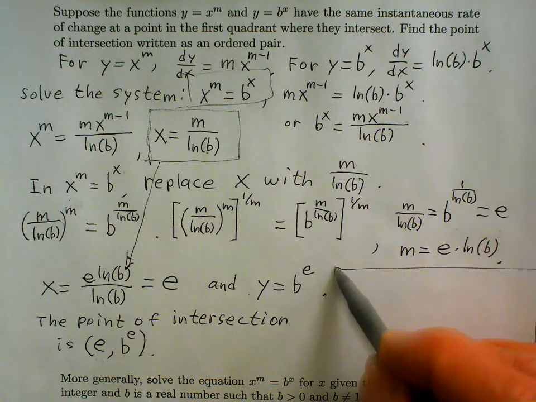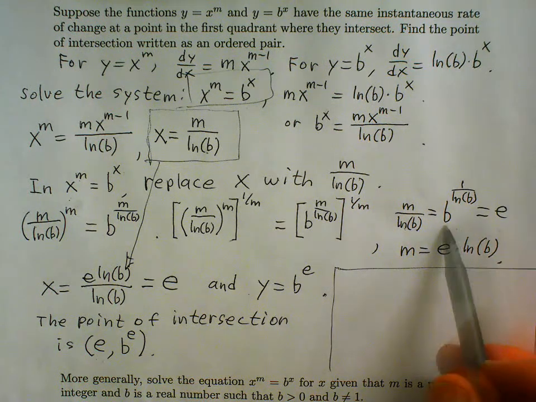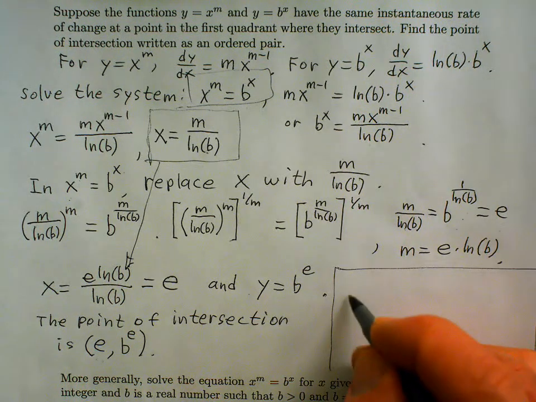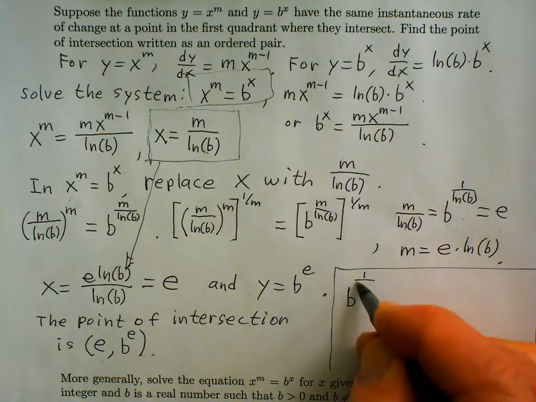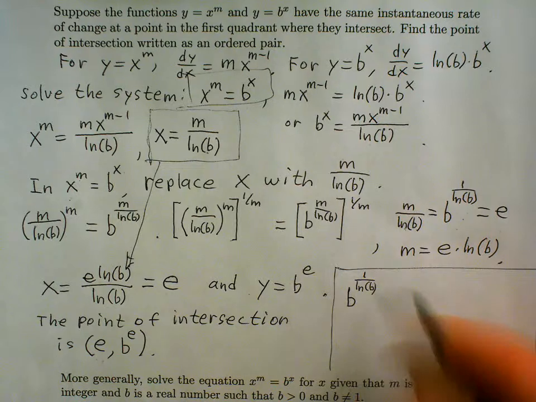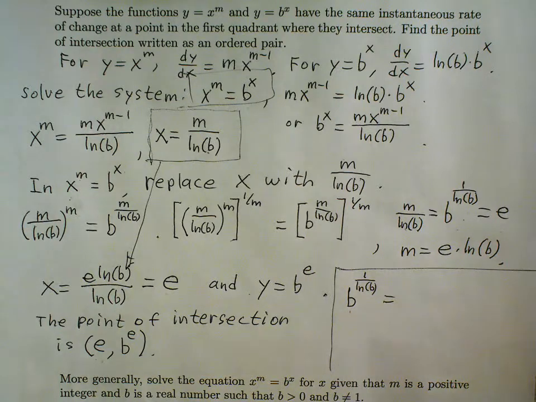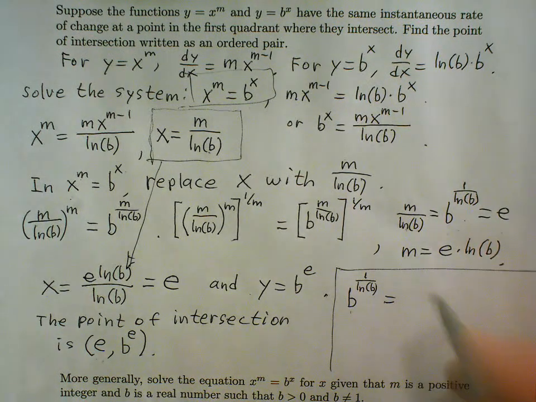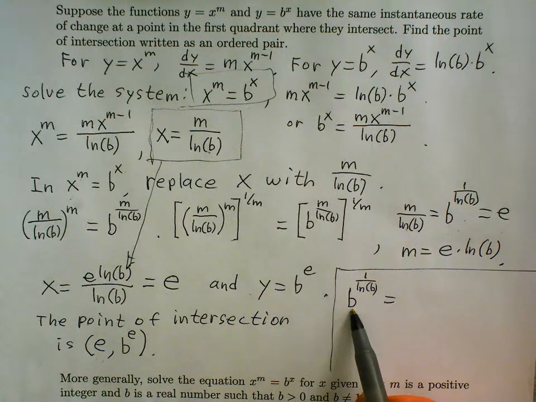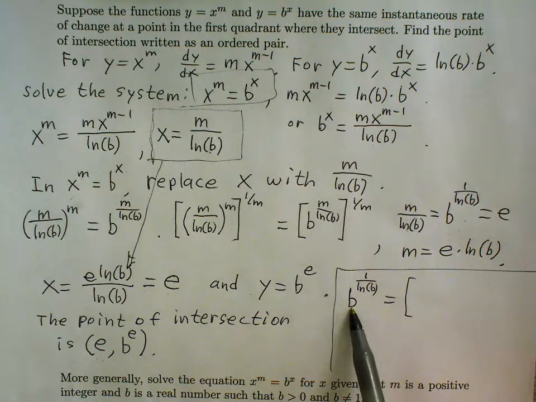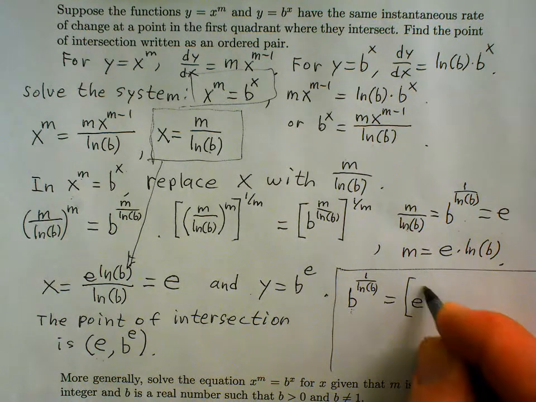Okay, in this little space here, I'll show you that b to the 1 over the natural log of b can be simplified to e. So I'll start by writing b to the 1 over the natural log of b. Since b is positive, it's also not equal to 1, but all we need is the fact that b is positive, we can replace b with e to the natural log of b.